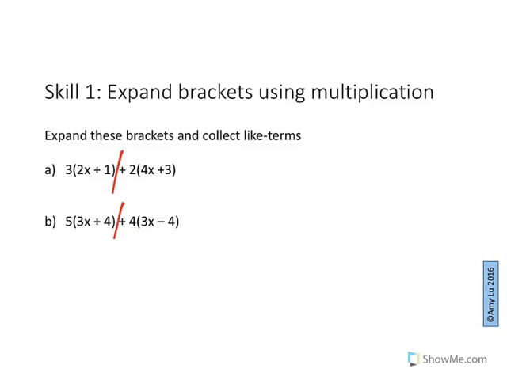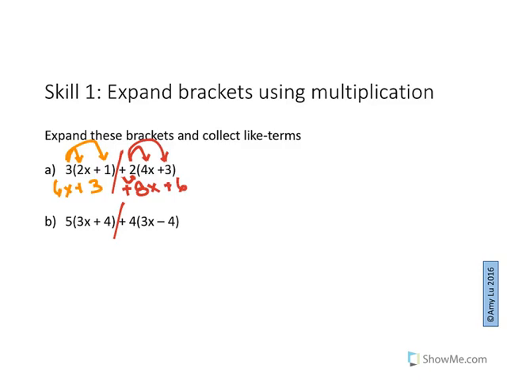So if I were to do the first one, I would go 3 times 2x and 3 times 1, which makes 6x plus 3. And then I have to do the next part. And remember that sign, it has to always go with the one behind it. So 2 times 4x and 2 times positive 3, that makes positive 8x and positive 6.